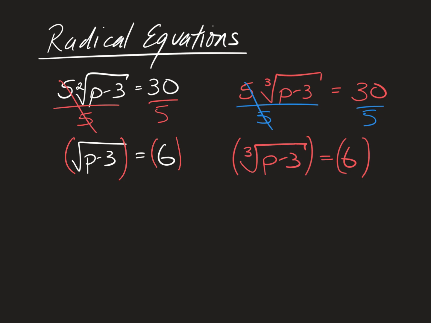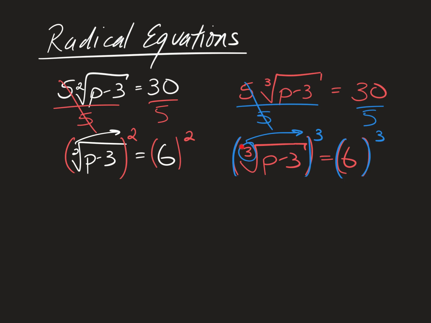You can undo a square root by squaring both sides, and you can undo a cube root by raising both sides to the third power. And how do you know you're supposed to do that? Well, it's just whatever number is in the root. That's the exponent you'll raise both sides to. So since there was a 2 here, you would raise both sides to the second power.